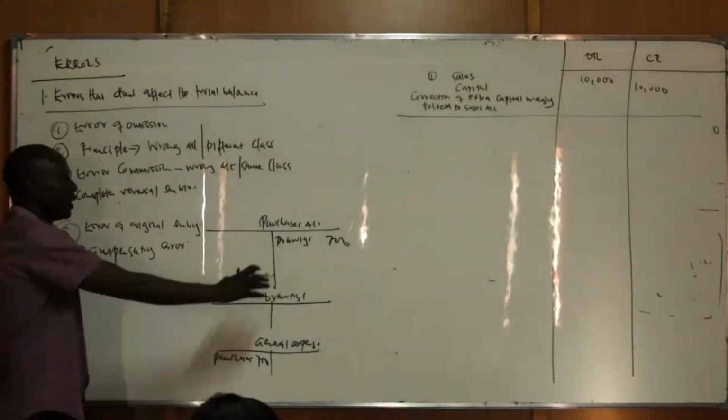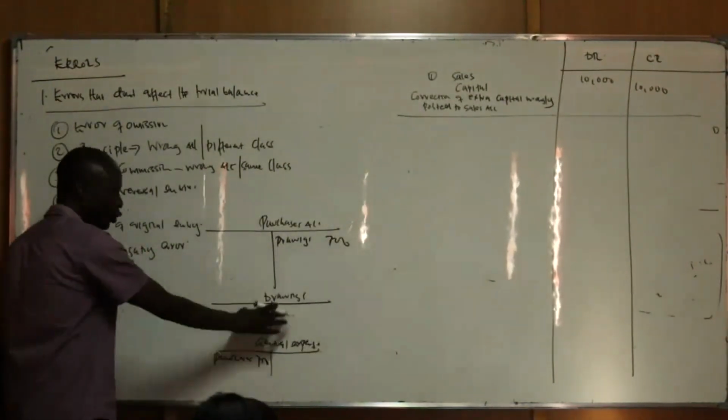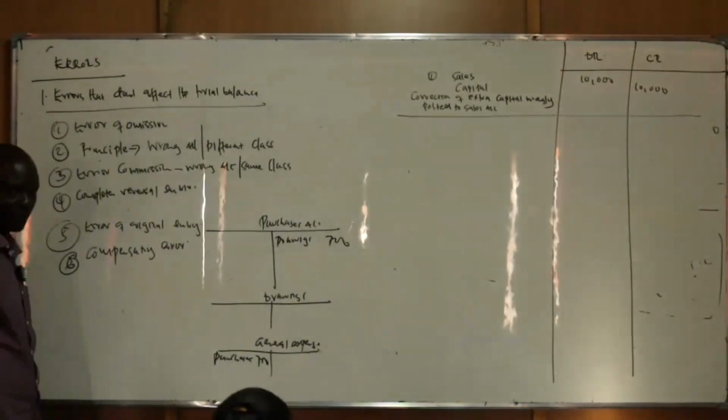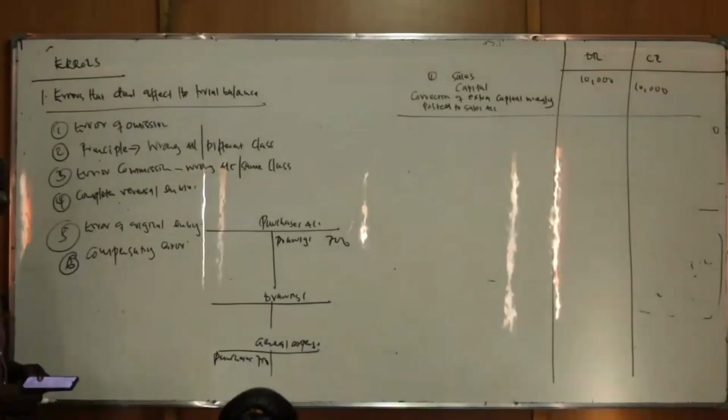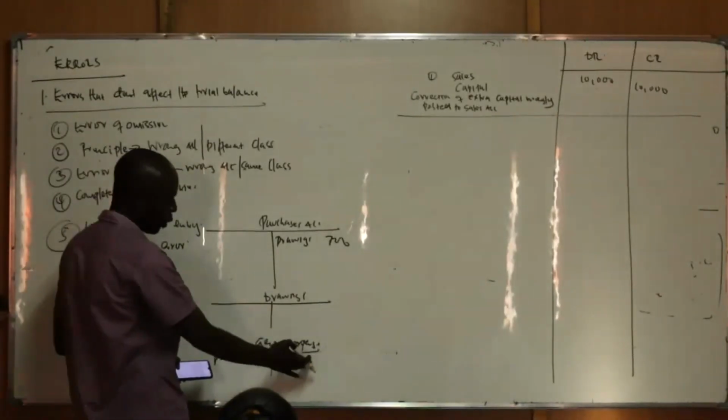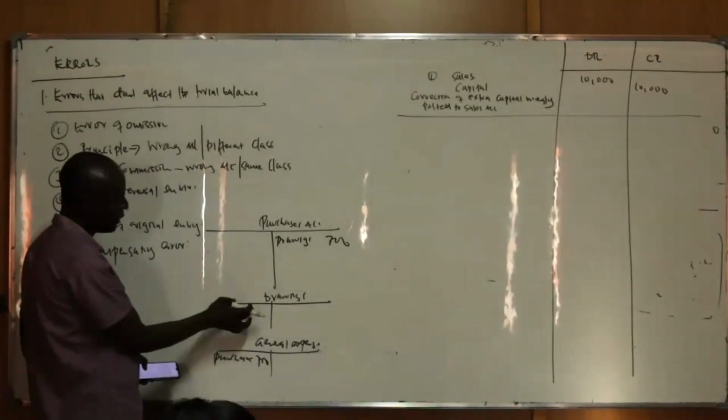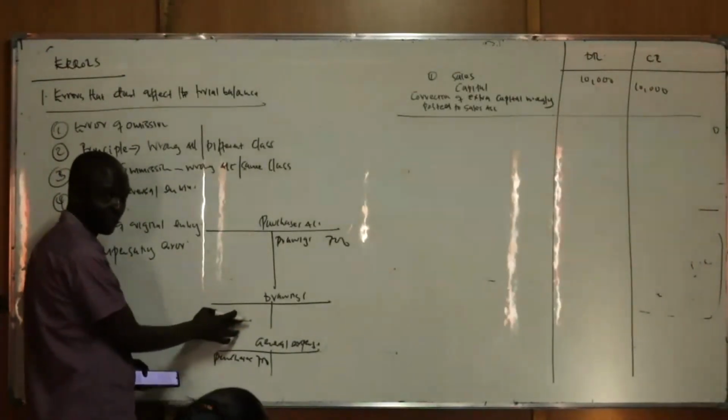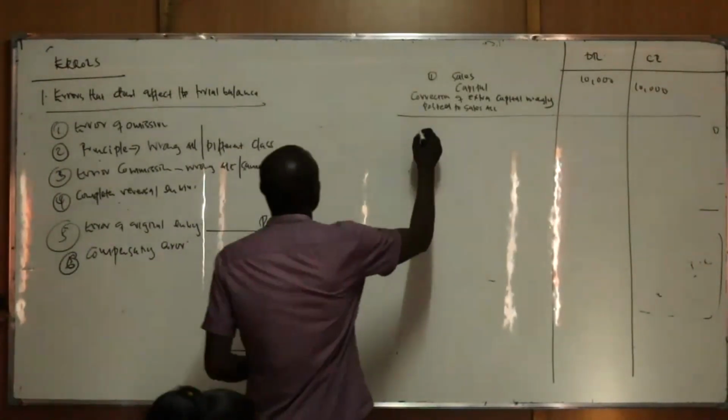The problem was not on the purchases side. The problem was on these two accounts. So now, to rectify the error, we're going to credit general expenses to eliminate this amount, and then we debit it where it's supposed to be. So here, you're going to write 2.